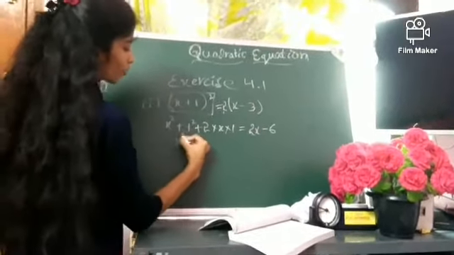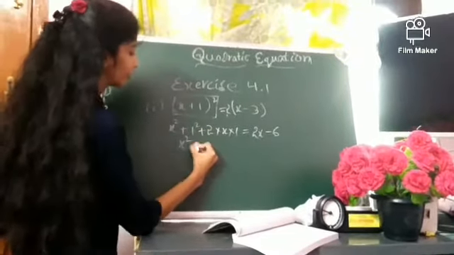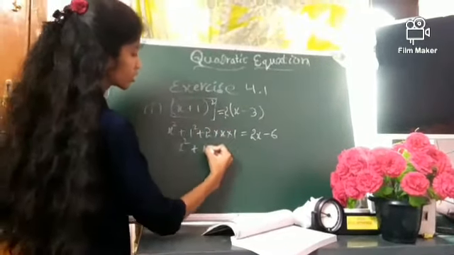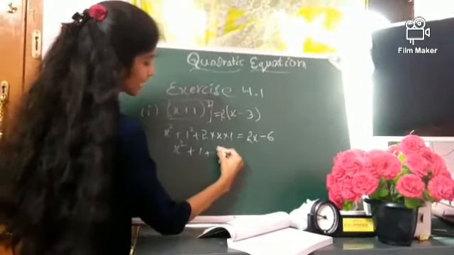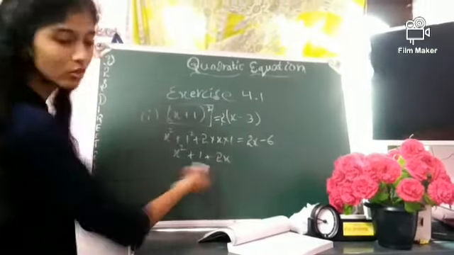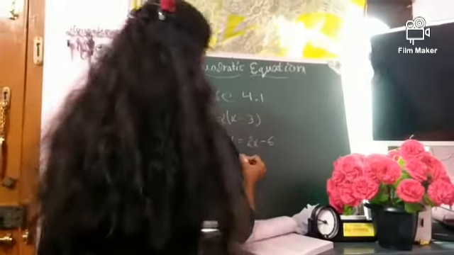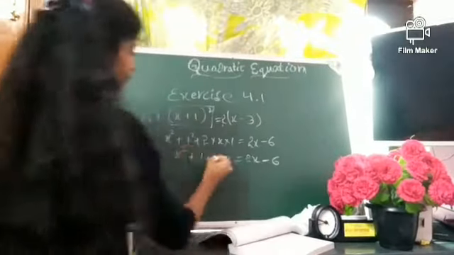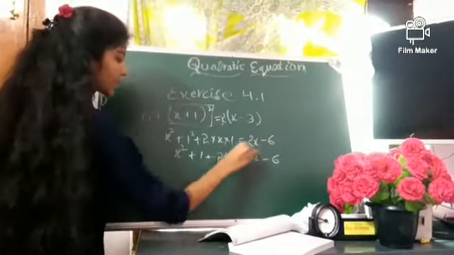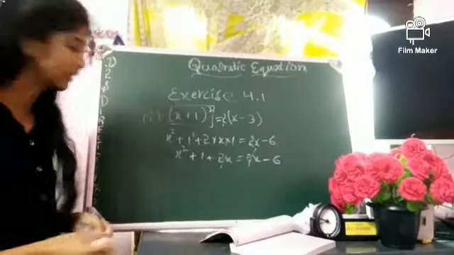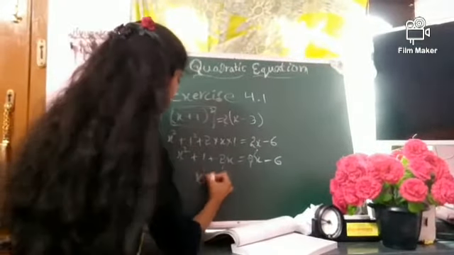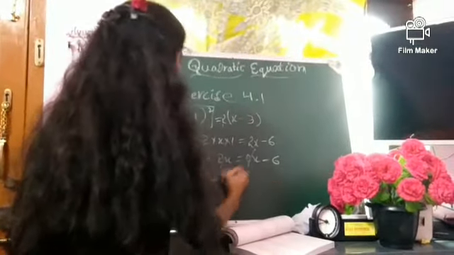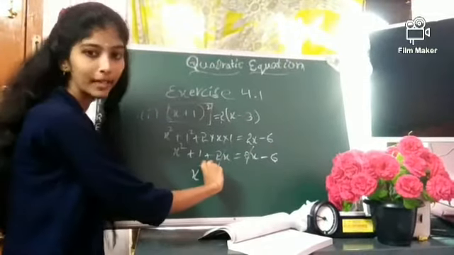So x² + 1² is 1, and 2 into 1 into x is 2x. So x² + 1 + 2x = 2x − 6. This 2x and this 2x will be cancelled. Next, x² + 1, and this −6 I will bring to this side.